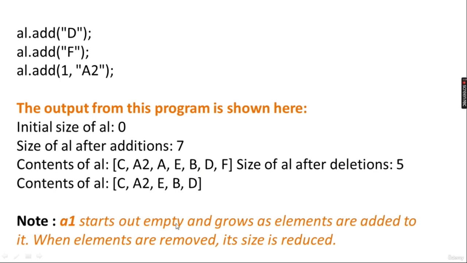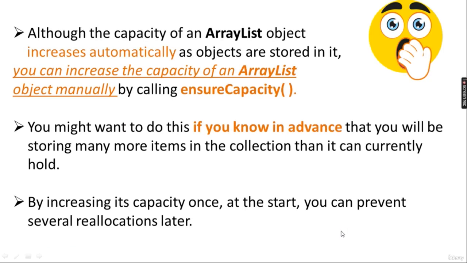Okay. AL starts out empty and grows as elements are added to it, and when elements are removed, its size is reduced. Although the capacity of an ArrayList object increases automatically, you can increase the capacity of an ArrayList using ensureCapacity. Okay, by using the ensureCapacity method, you tell that the size of the ArrayList will be this.